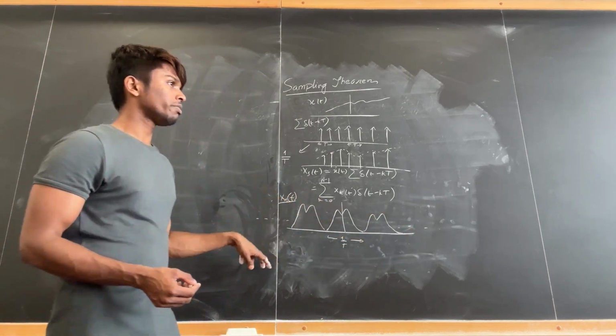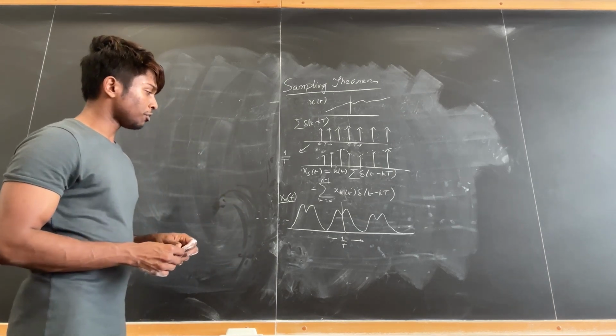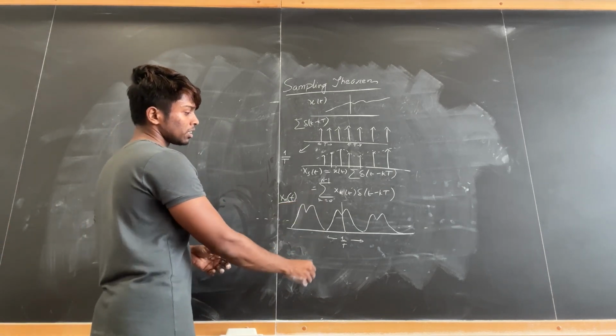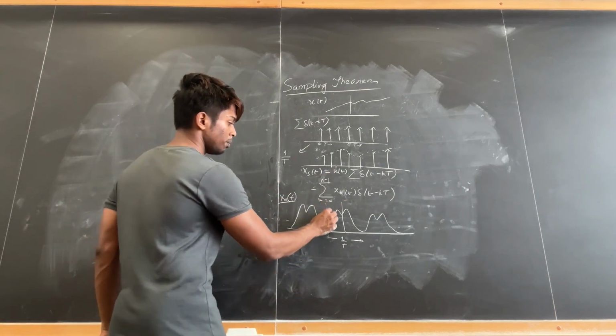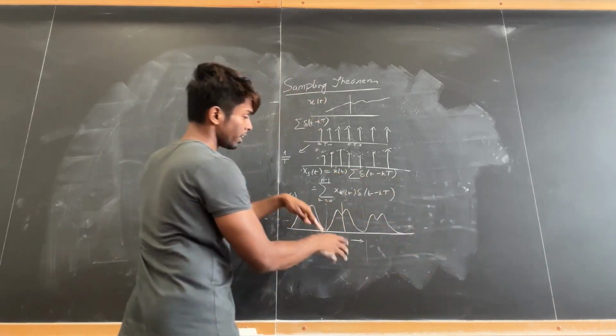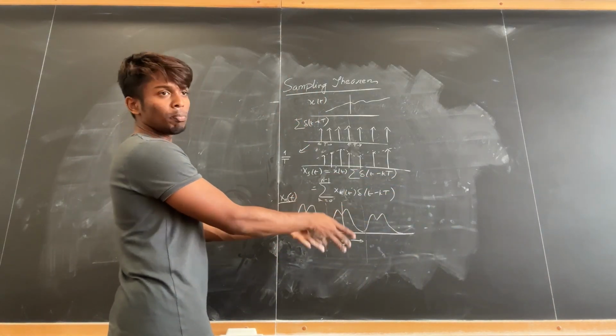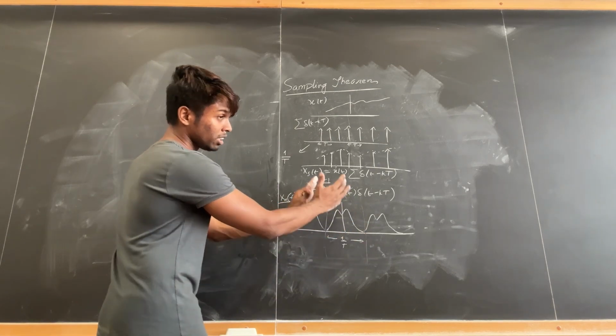To retrieve the signal as a whole, as a continuous time signal x(t), we have to pass it through a certain filter where we pass only a certain band of frequencies, and then we reject these higher frequency components. So it's like we are passing this through a low pass filter, and this is the lower frequency component, and we are only allowing this to come.